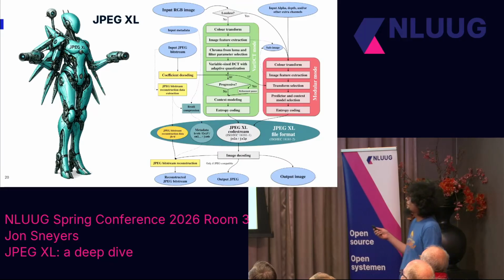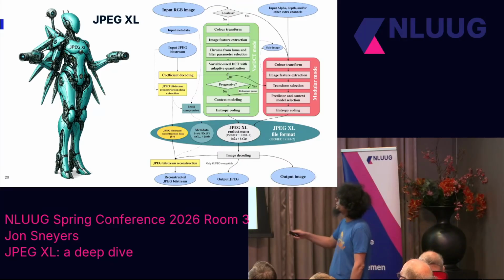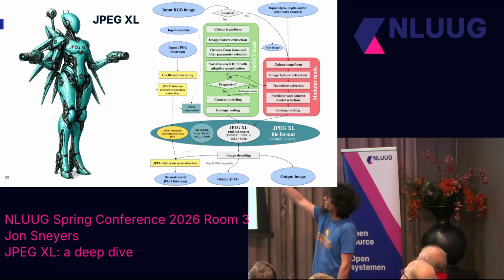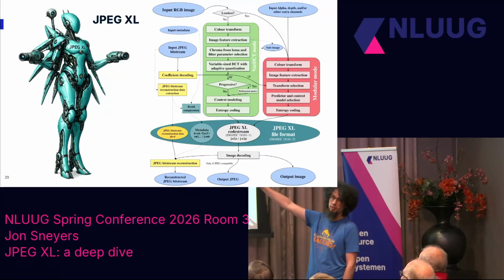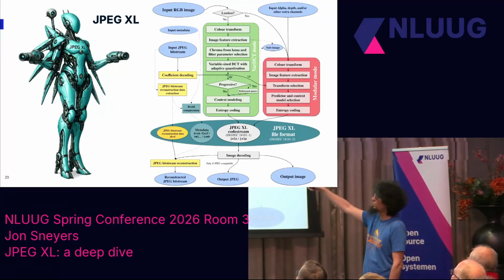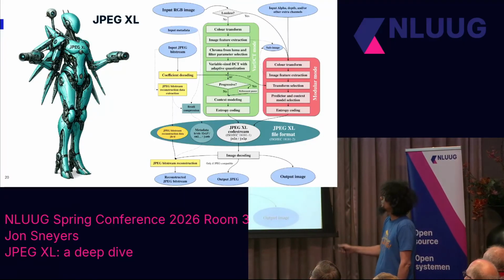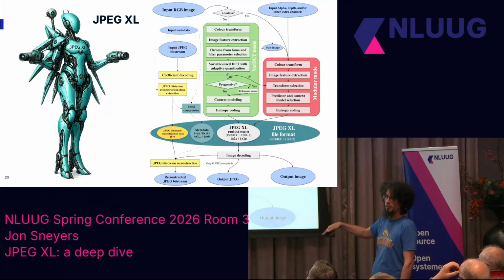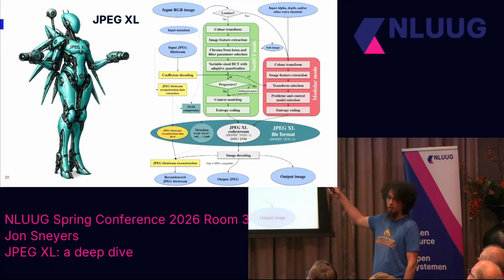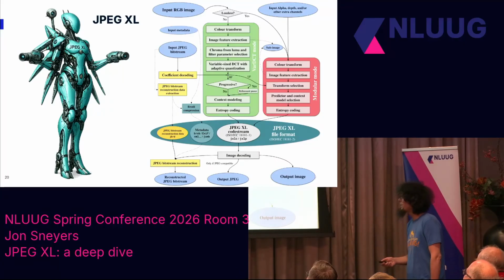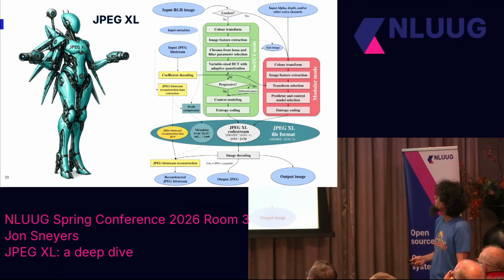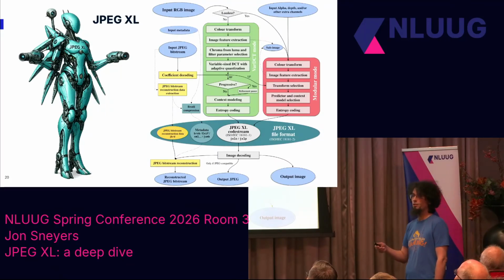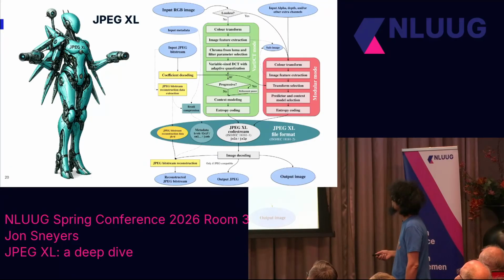And one of the things that are interesting here is that you cannot only start from an image, you can also start from an existing JPEG file and directly translate it into a JPEG XL file. So not by decoding it to pixels and then encoding those pixels again, but by directly representing the DCT coefficients. And this is a key thing that allows us to recompress existing JPEG files in JPEG XL without losing anything.